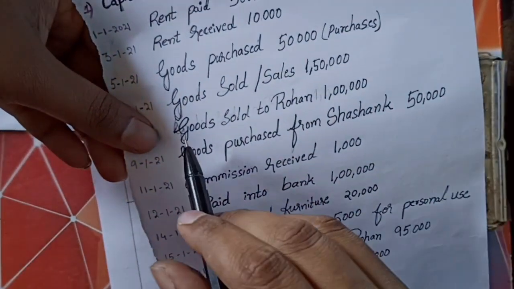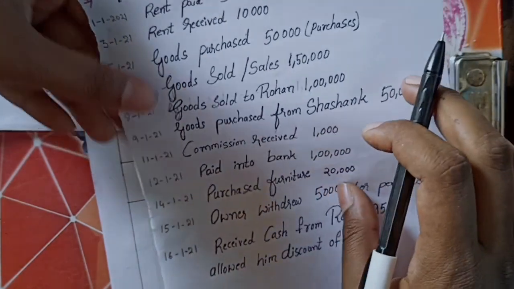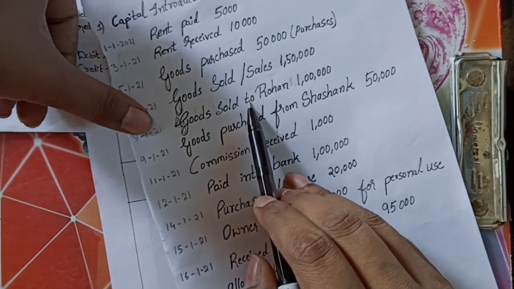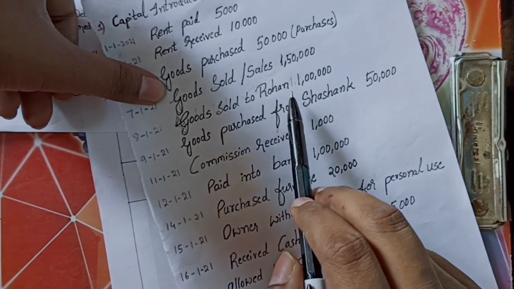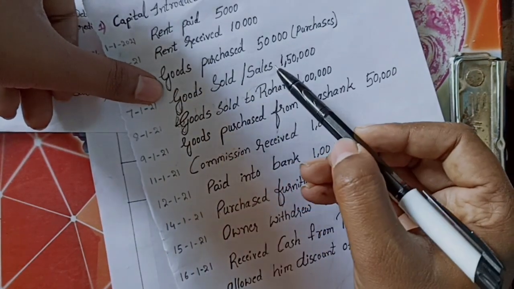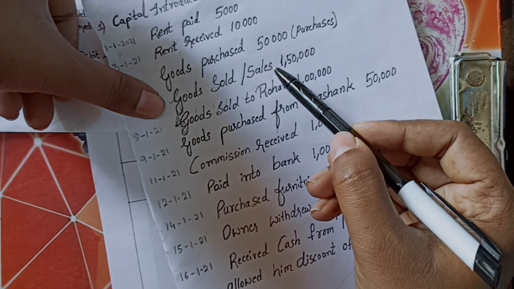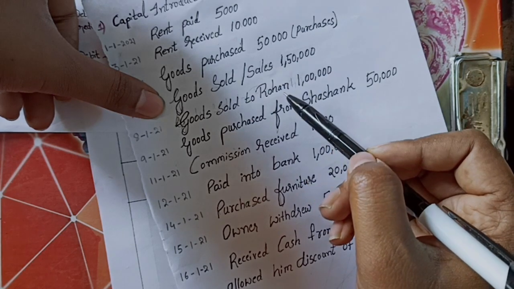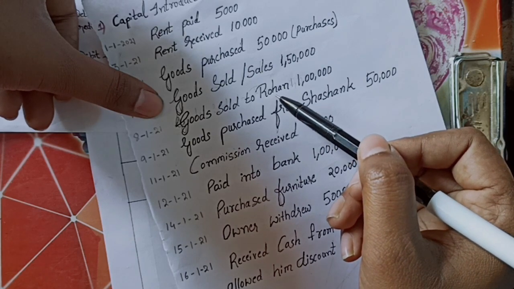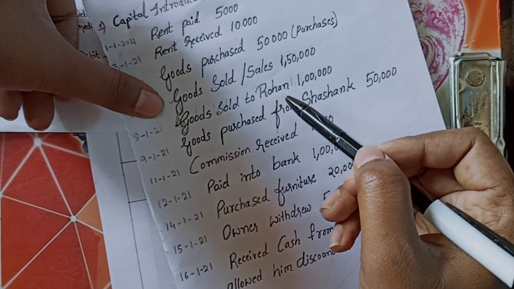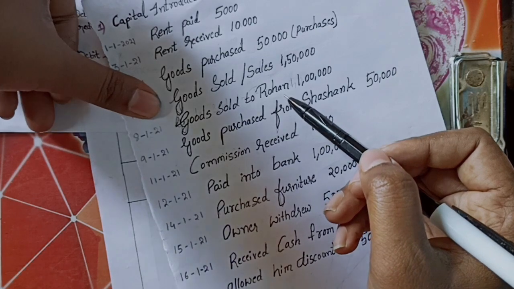Next one, goods sold to Rohan. What is the difference between the last entry, goods sold, and goods sold to Rohan? Here it is a cash transaction. Here it is a non-cash transaction. Here Rohan is not paying any amount. He is taking the goods on credit.